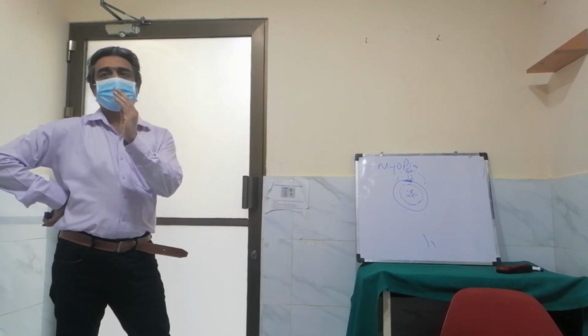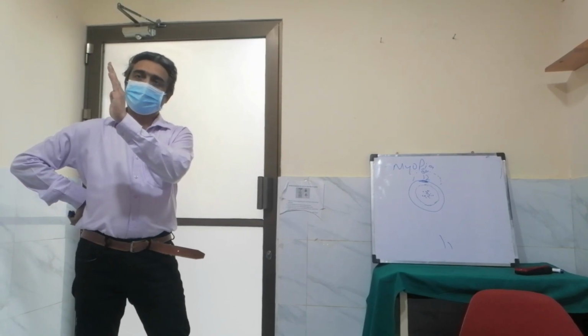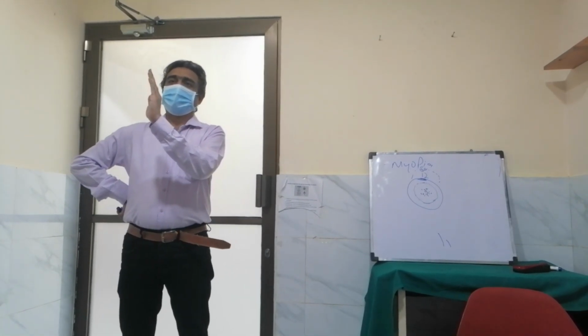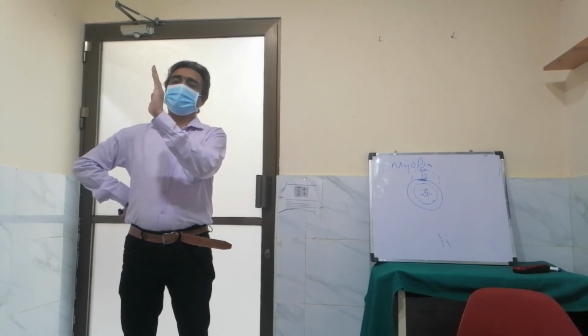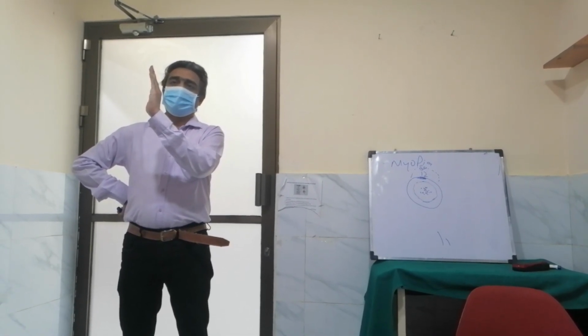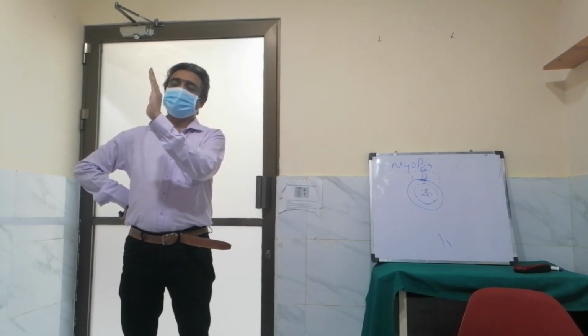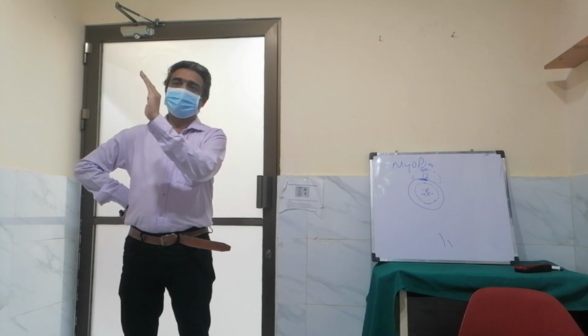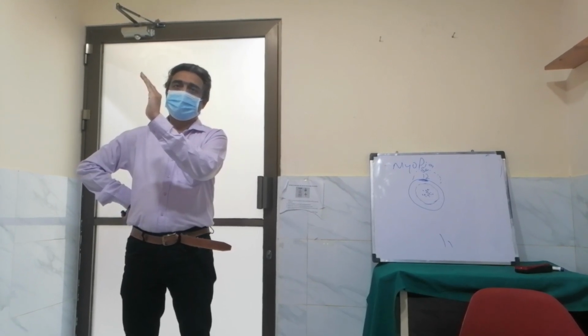The basic mechanism is, this is the cornea. In a myopic patient, look at my hand. This is the cornea of a normal patient. In a myopic patient, the cornea is slightly steeper.